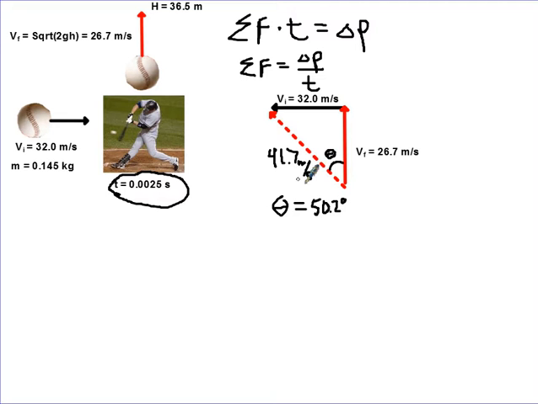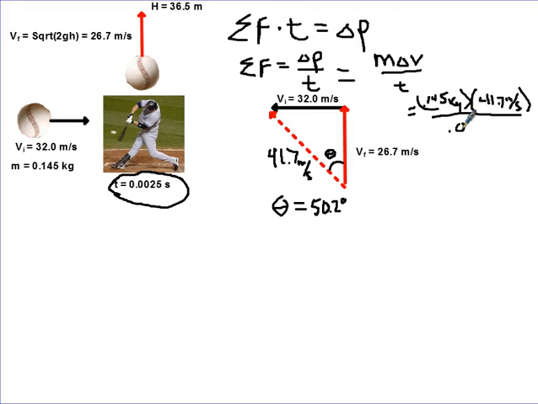Now that's the change in velocity. Going back up to this equation, that's really m delta v all over the time interval. The mass of the ball was 0.145 kilograms, and the change in velocity was 41.7 meters per second, so that gives the magnitude of the change in momentum.